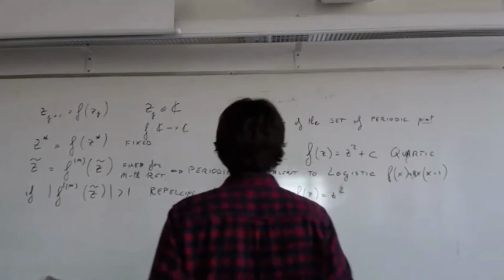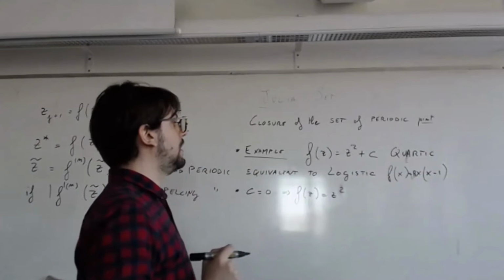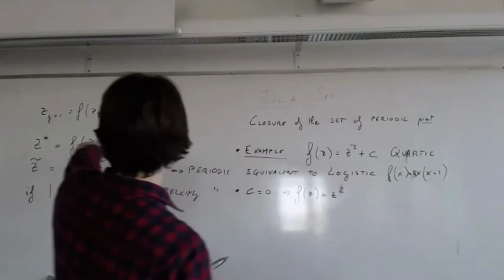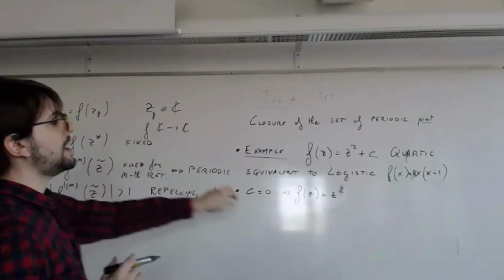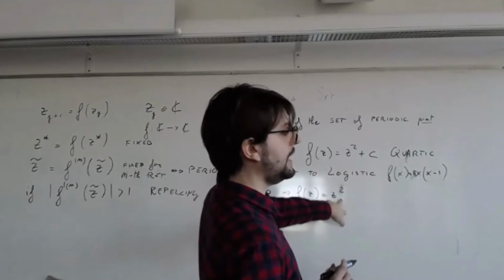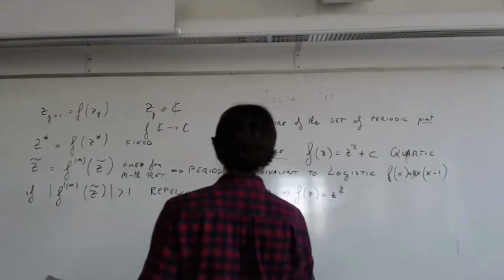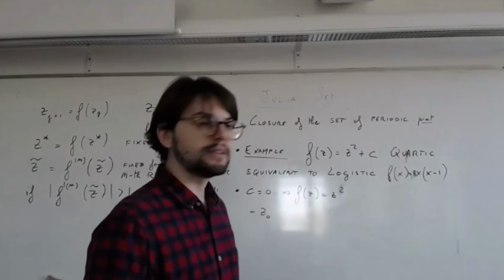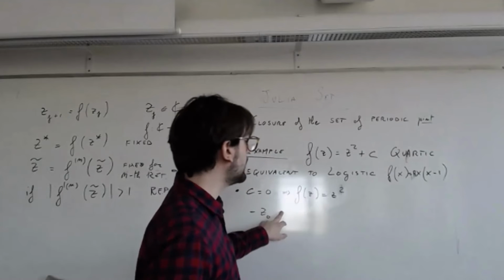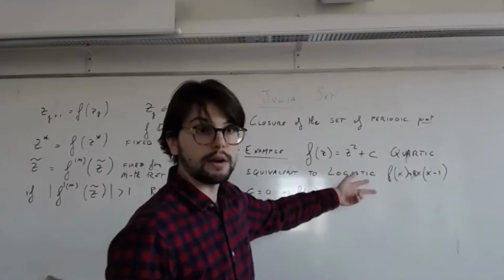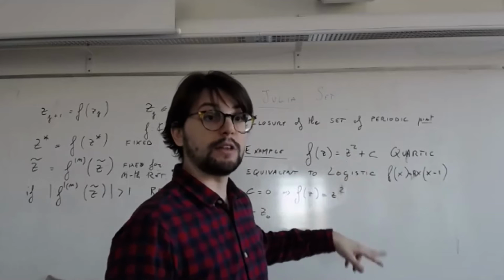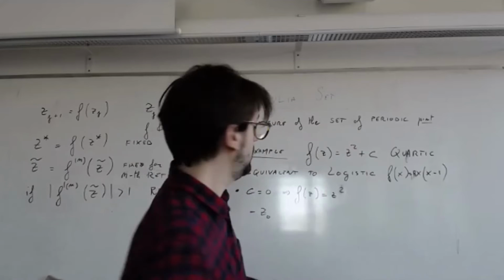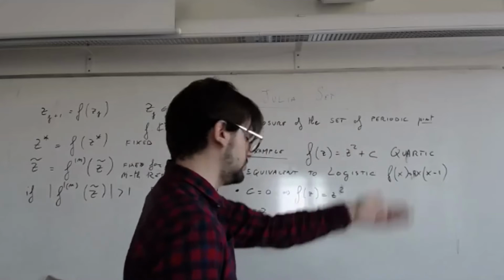What happens really depends on the z where I start. This is how maps work: I iterate and then I apply. If I take some z0 equal to some number, then z1 will be z0 squared, z2 will be z1 squared, z3 will be z2 squared, and so on and so forth.